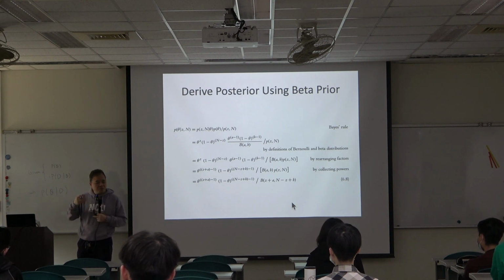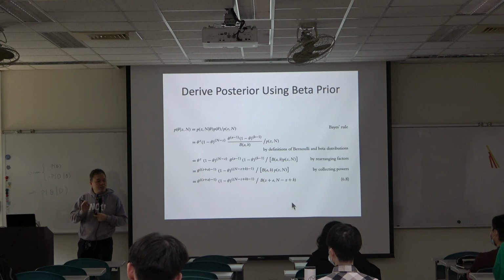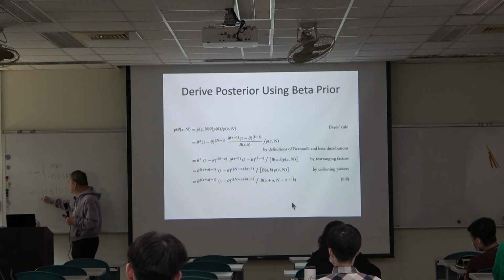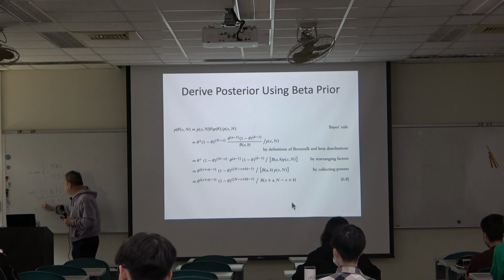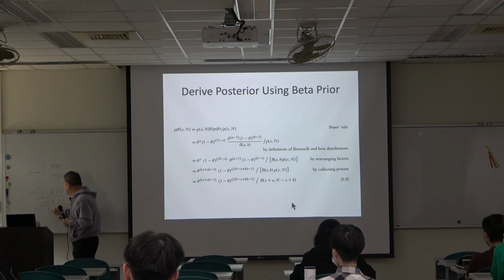Remember, like in the previous lecture, how we do the Bayesian inference, right? So this is what we want to obtain. This one is going to be P(theta | d) divided by P(d), right?